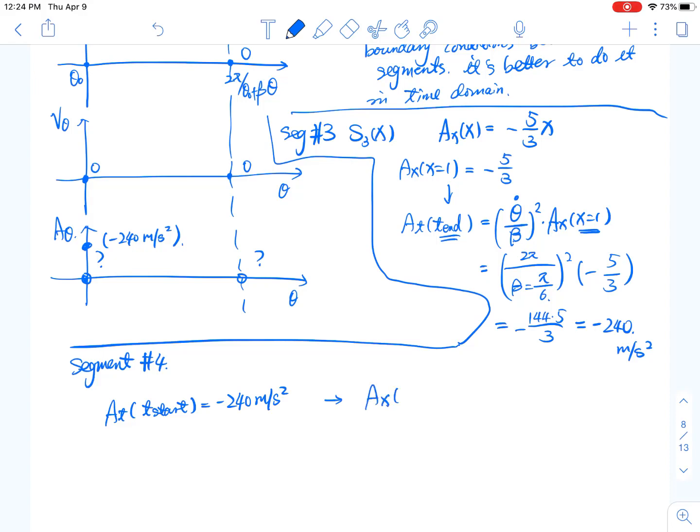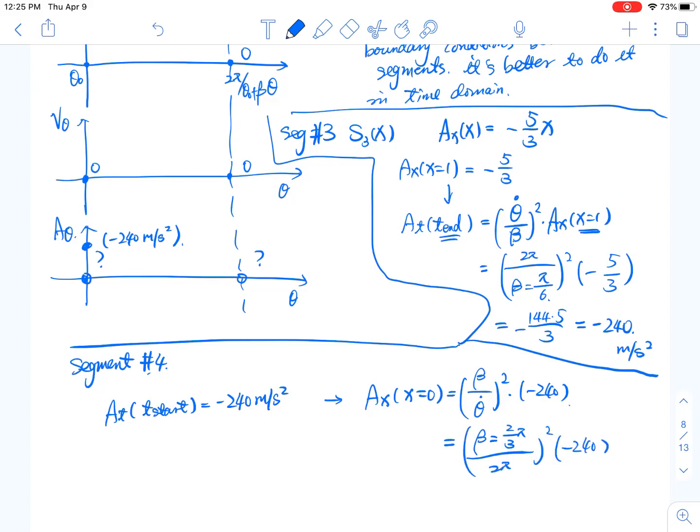You want to calculate ax, and because t star corresponds to x equal to 0, you need to get beta over theta dot square times minus 240. And recall that here your beta is no longer the beta in segment 3, because the calculation here is done in segment 4. So that's why your beta equals 2/3 pi over 2 pi square times 240.